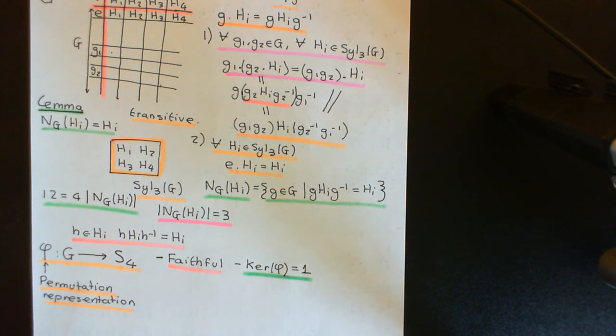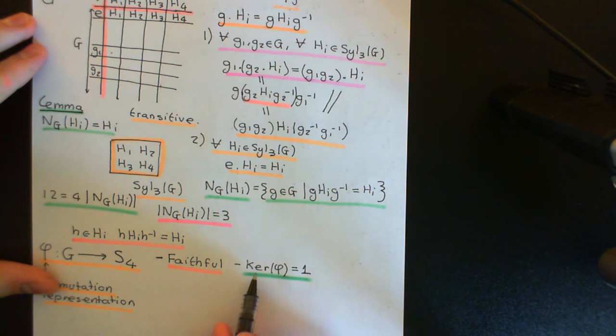Only the identity element is associated with the identity permutation, basically. Why can there not be any other elements that are associated with the identity permutation? Well, suppose there was another element in here apart from the identity element that was associated with the identity permutation on the set of 4 elements.